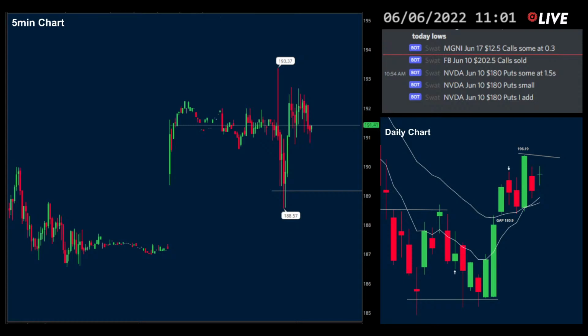Not much to do here, guys. Yeah, but the semis continue very, very weak. AMD very weak.